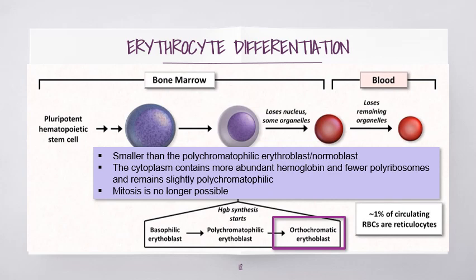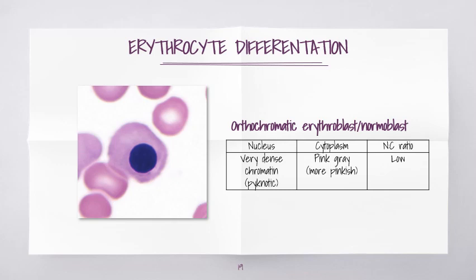The cytoplasm becomes more pinkish because of the abundance of hemoglobin, but still has a bluish tinge because it still has some RNA in its cytoplasm. So this is now the last stage wherein we will see a nucleus in the red cell precursor. The nucleus here is very condensed and ready to be extruded out.